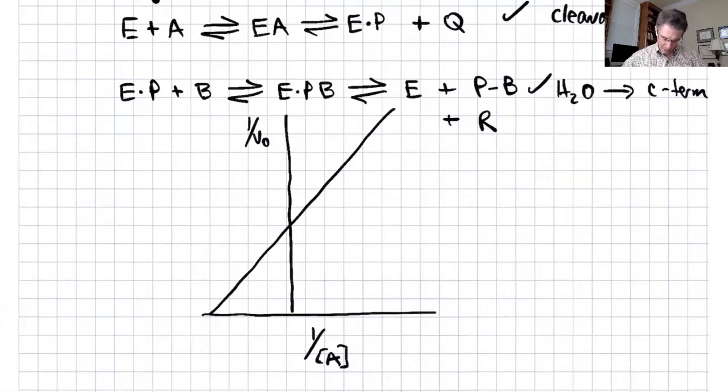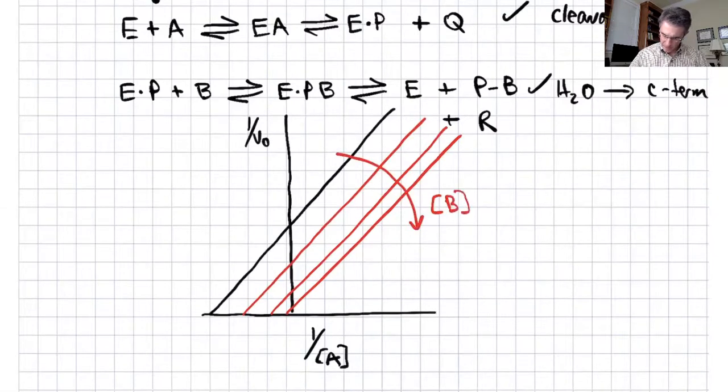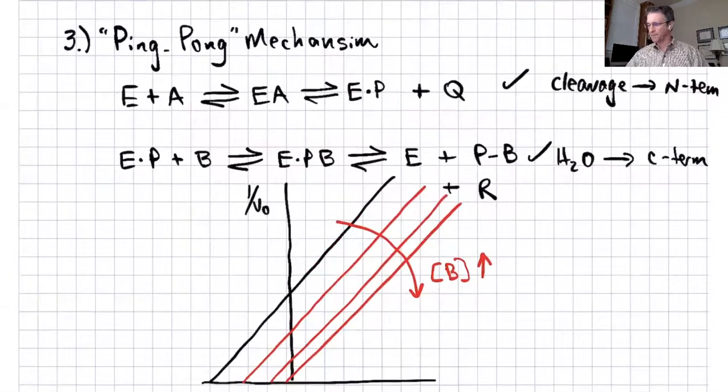Specifically, they remain parallel to each other and they shift in this direction, so that as the concentration of B increases, you get this family of parallel curves that is pretty diagnostic of a so-called ping pong or double displacement mechanism.